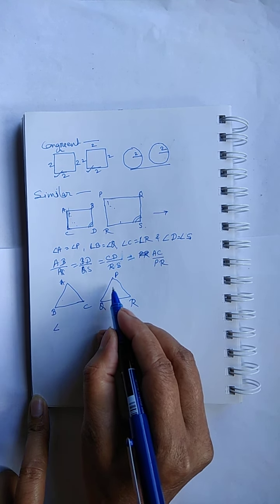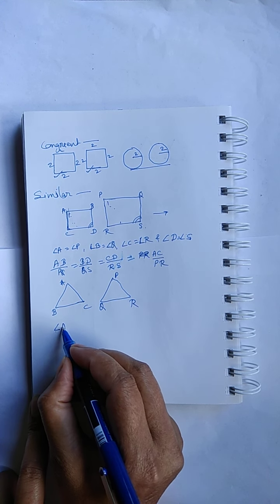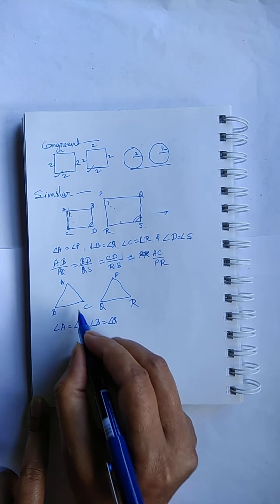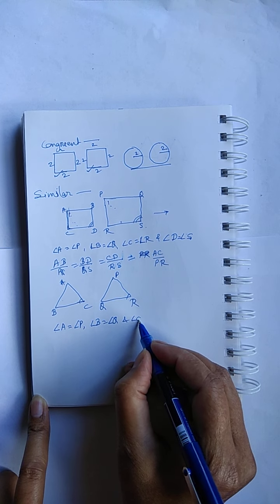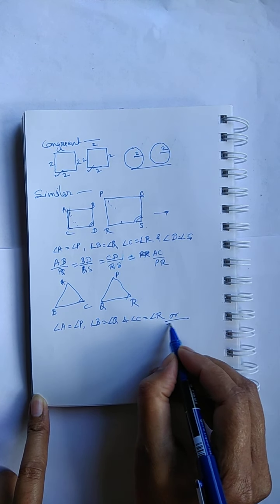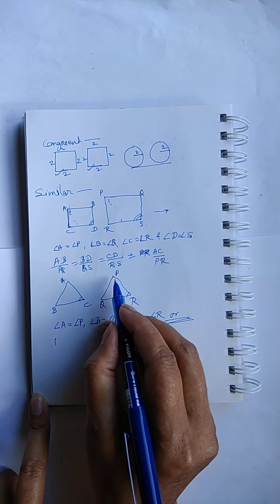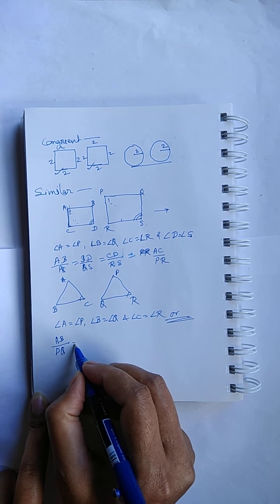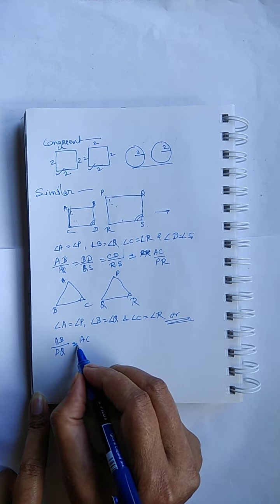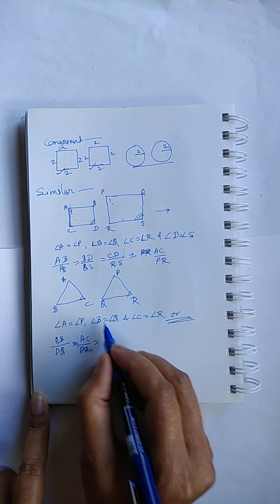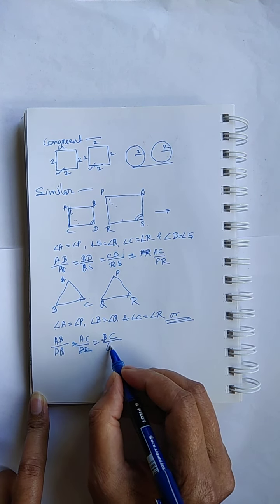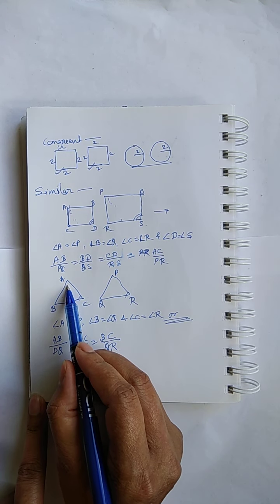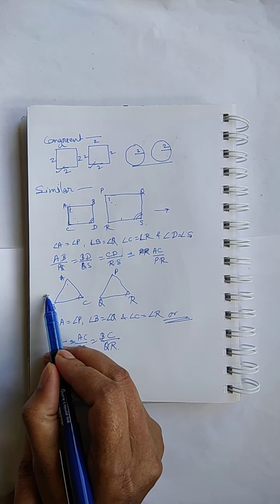If their corresponding angles are equal to each other, like angle A equals angle P, angle B equals angle Q, and the last one, angle C equals angle R, or their corresponding sides are in the same ratio, like AB by PQ equals AC by PR equals BC by QR.